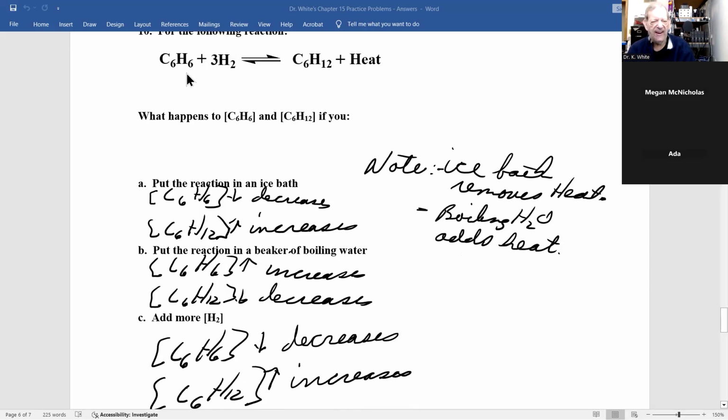So since you're reacting C6H6, it's consumed, the amount will decrease. And since you're taking the C6H6 and the H2 to make more heat, you'll also make more C6H12, also known as cyclohexane. And therefore, you're making more of it, the amount will increase.